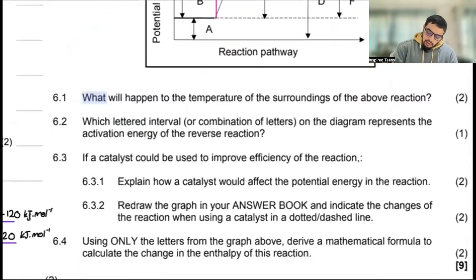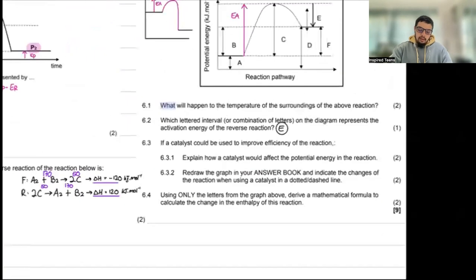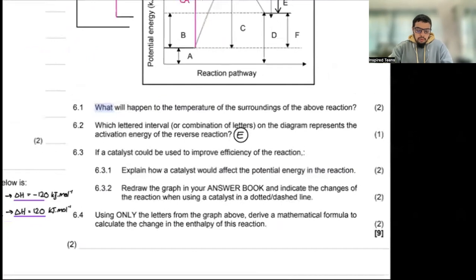Which combination would represent the activation energy of the reverse? E. Okay, 6.3. If a catalyst could be used to improve the efficiency of the reaction, explain how the catalyst would affect the potential energy in the reaction. For 2 marks, you basically have to give the definition of a catalyst.